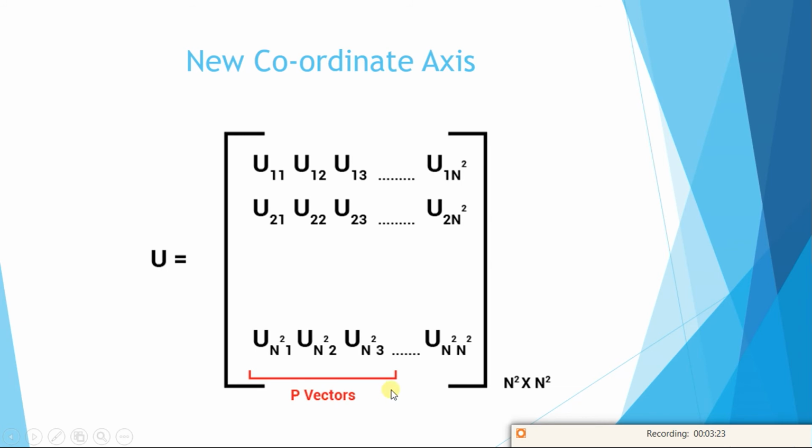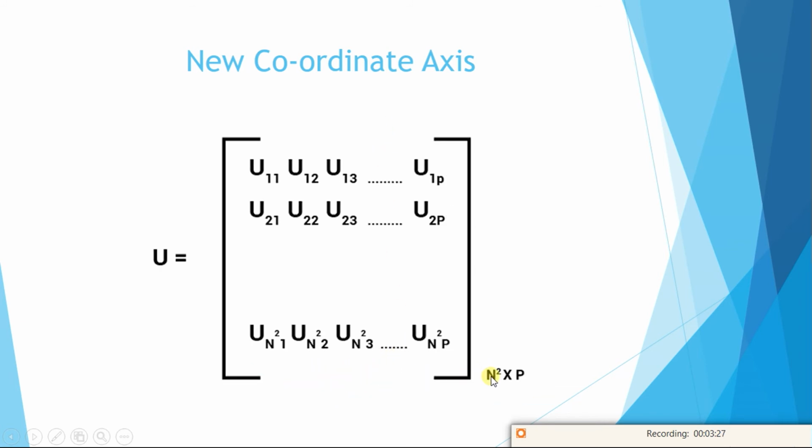After finding the value of p, we choose only the starting few vectors, and the dimension reduces to n square cross p. Originally there were n square vectors, now only p vectors, and these eigenvectors will be our principal components.